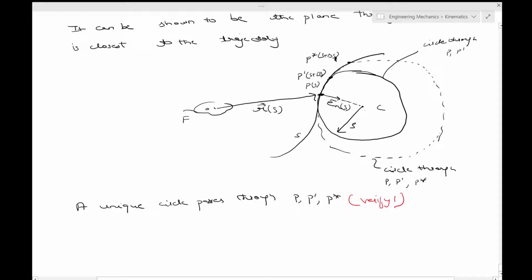Now see the radius, the center and the plane of the limiting circle. This is called the limiting circle, and I'll explain why.